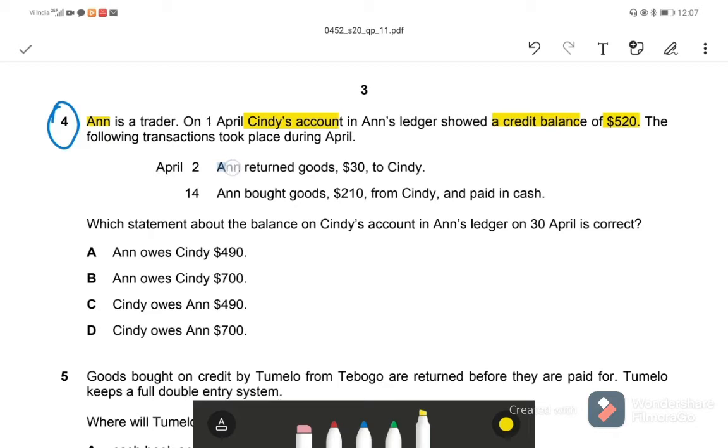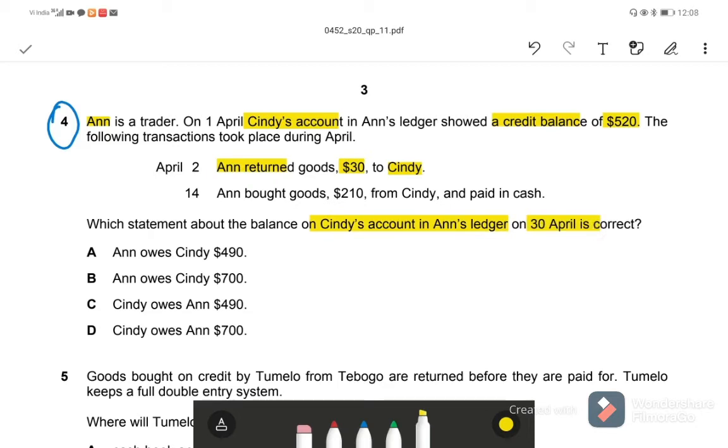Anne returned goods $30 to Cindy. Anne bought goods 210 from Cindy and paid in cash. What is the question? Which statement about the balance on Cindy's account in Anne's ledger on 30th April is correct?